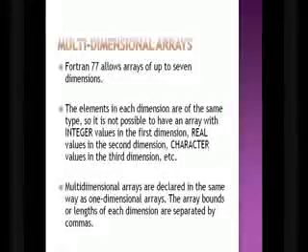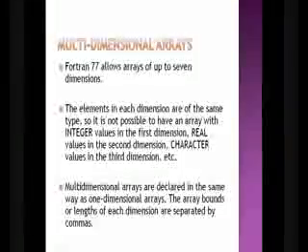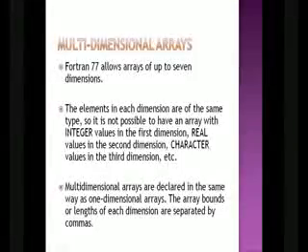All the elements of a particular array should be of the same type. That means you cannot have several types of elements in a single array. Each element of an array should match the type declared during array declaration. Multi-dimensional arrays are declared in the same way as one-dimensional arrays. The array bounds or lengths of each dimension are separated by commas.